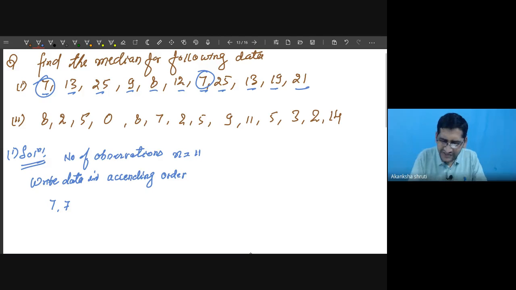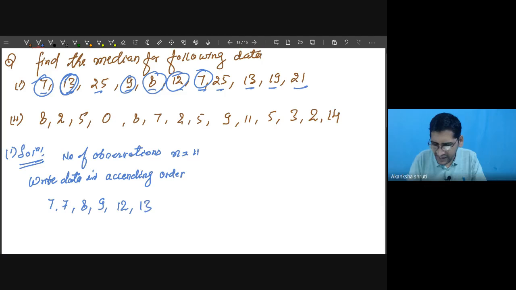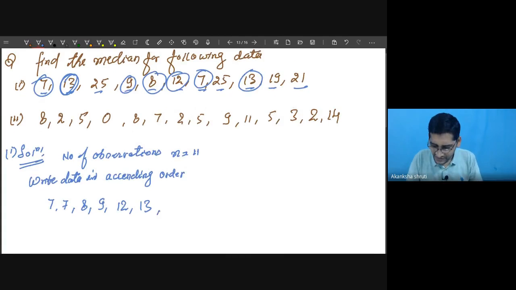Then 8 is there. 8. 9 is there. 9. Then 12 is there. Do not miss any data. That's why I'm making the round. 13 is there. One more 13 is there. Yes. So you have to write the 13 twice.